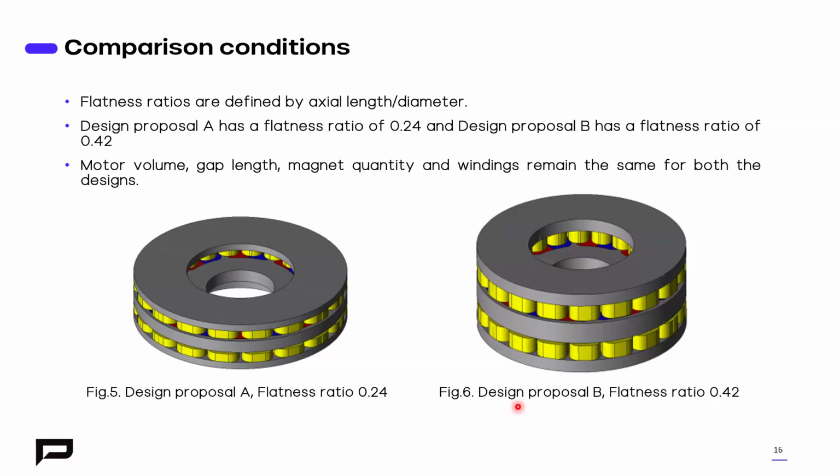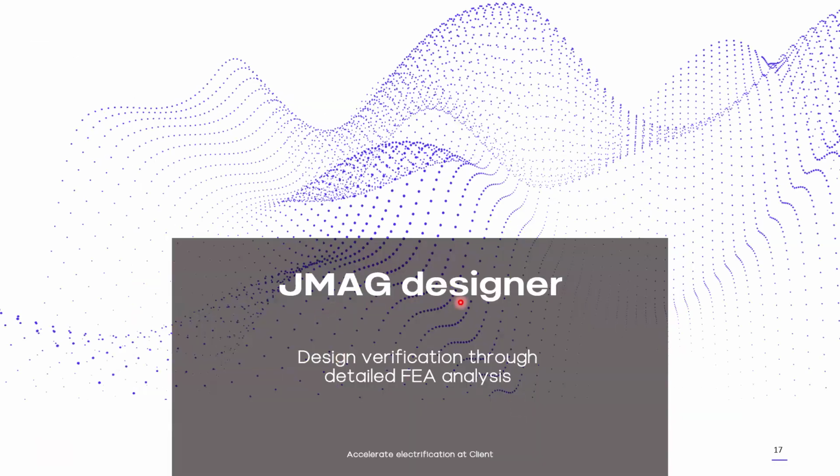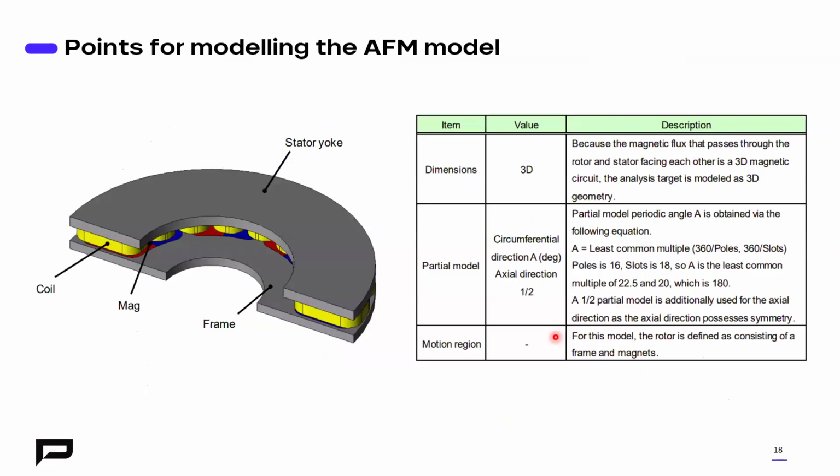Let us get into the detailed design: how to build an axial flux motor in JMAG Designer and verify the results through finite element analysis. The points for modeling the axial flux motor are these: it is obviously a 3D model, in which the flux flows in all three X, Y, and Z directions.